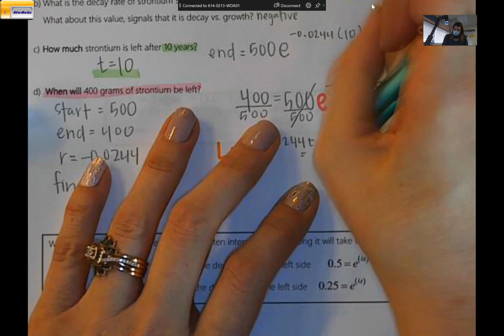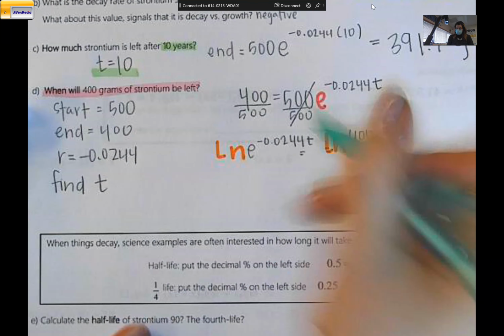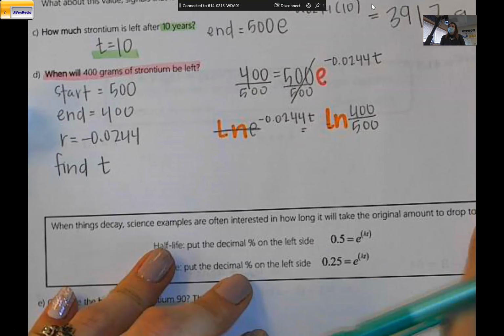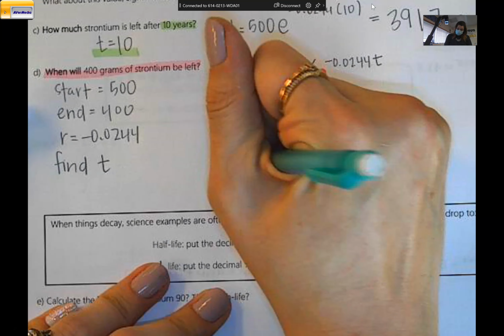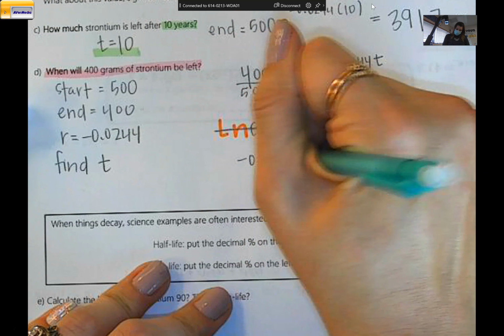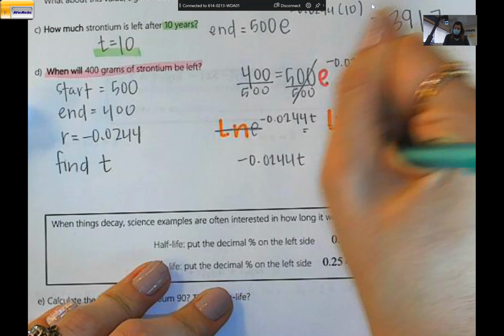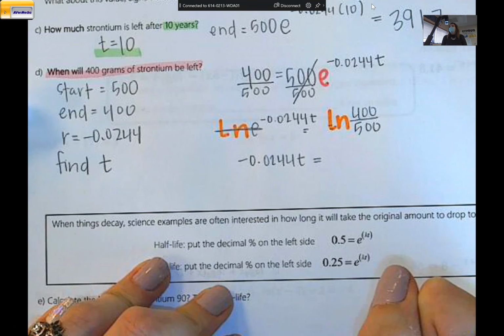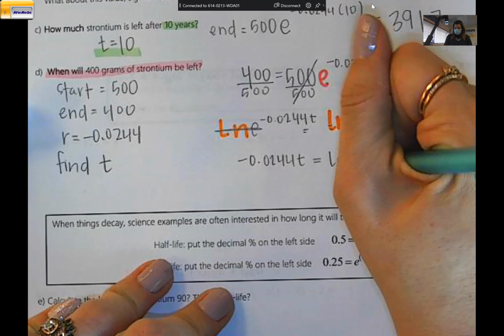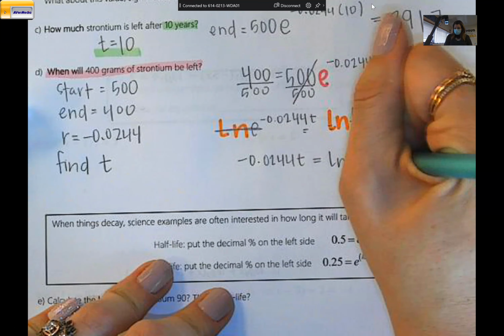We're doing that because now this E goes away. On the left-hand side, you have negative 0.0244 T. And on the right-hand side, you have natural log of 400 over 500.